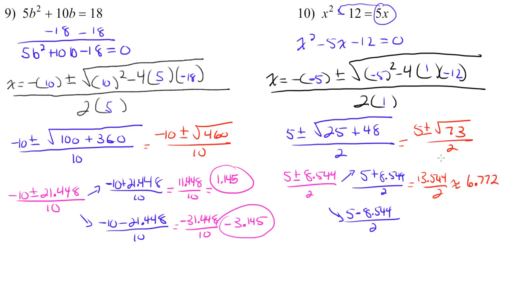I didn't do it on the other one, but they're approximate because we are rounding irrational numbers. Down here, 5 minus 8.544 is going to be negative 3.544 divided by 2. And that is going to be approximately negative 1.772. Those are our two solutions.